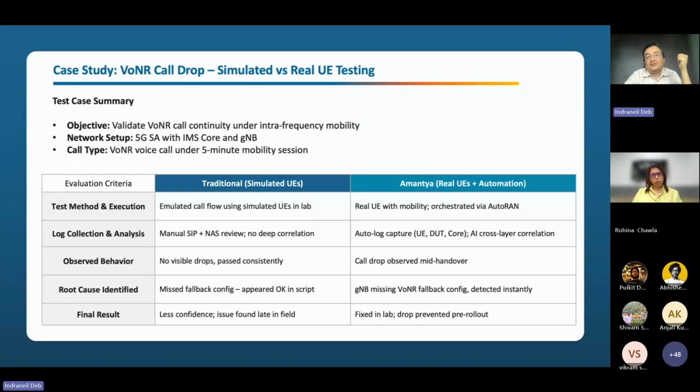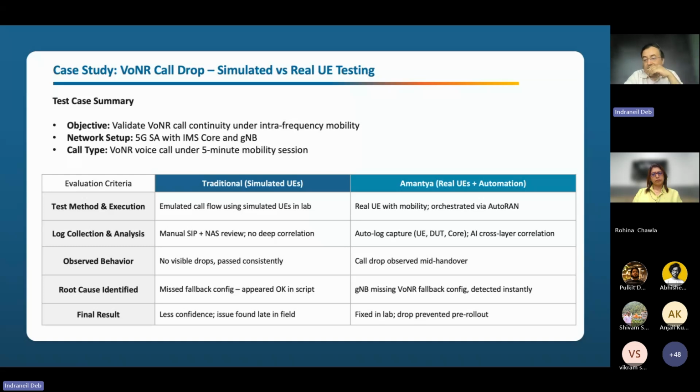The simulated handsets were not expecting this parameter, so they just continued as if nothing was wrong, whereas the real devices started to drop those calls. This led us to correct the configuration at the G-Node B, and the handovers and the VoNR calls started to work as expected.